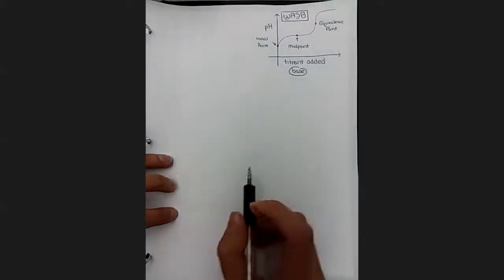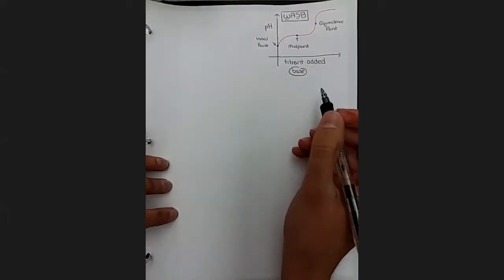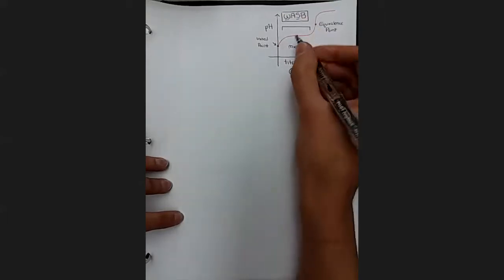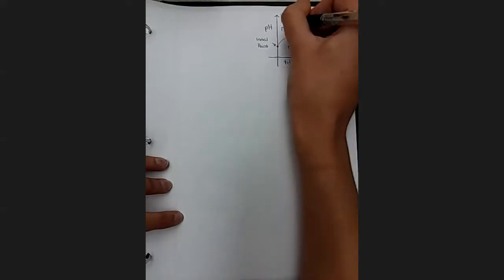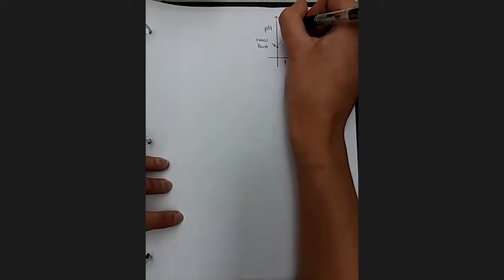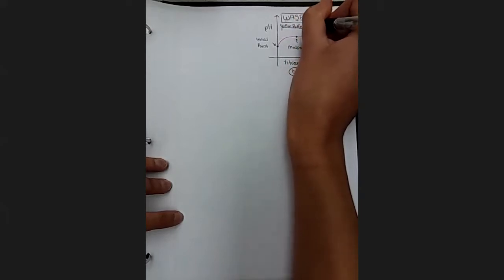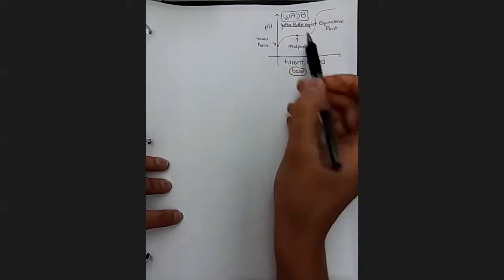So we care about those 3 points, and then we can also label our left half and our right half of the curve. So our left half of the curve, we said, was where we had a weak acid in the majority. So we're going to call this the weak acid or the buffer region, because weak acid-base systems can form buffers.